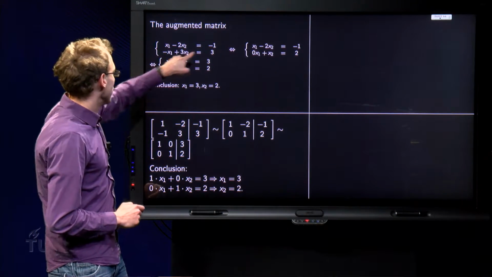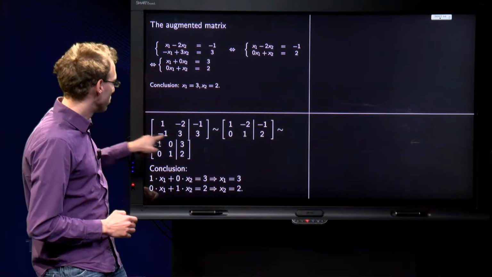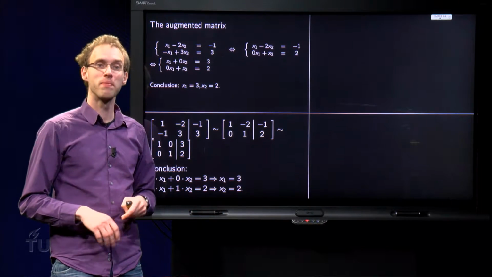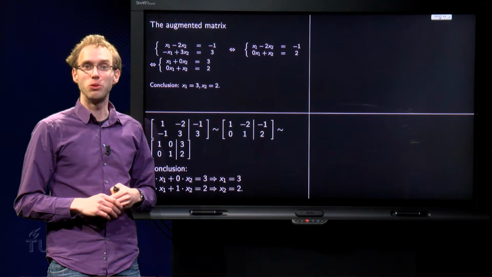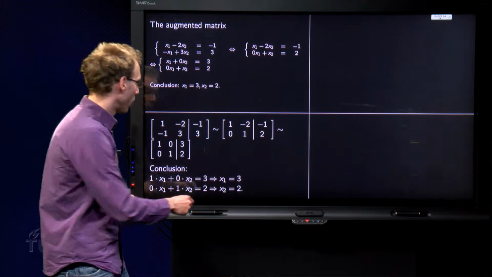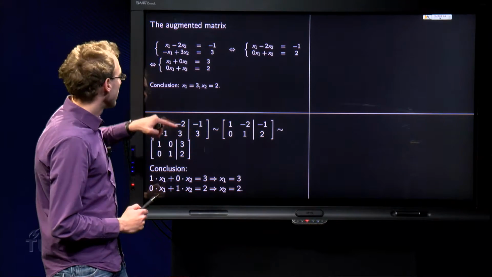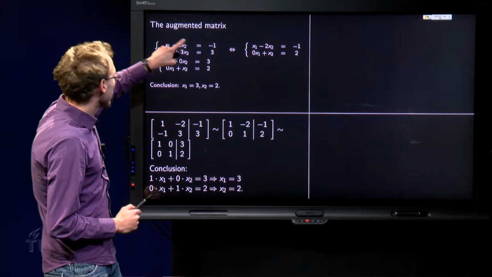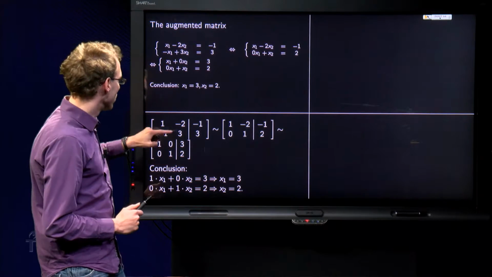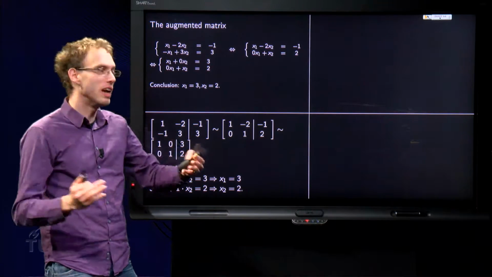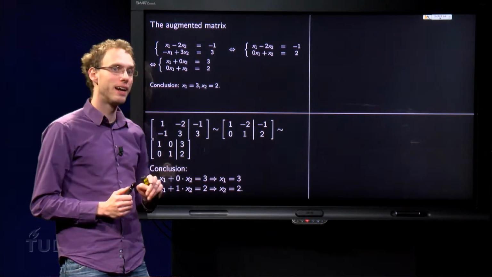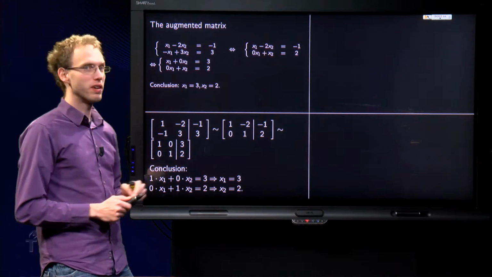Well, we have 2 equations over here, so we get 2 rows in our augmented matrix. And how can we start to do the computations? Well, the operations with the rows are the same as the operations with the equations over here. So instead of manipulating the equations over here, I can manipulate the rows over here.